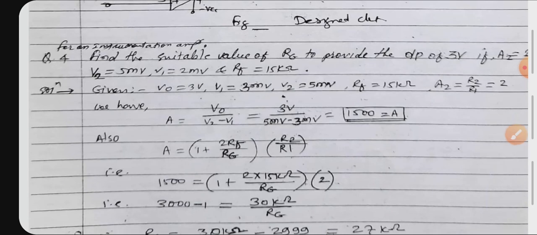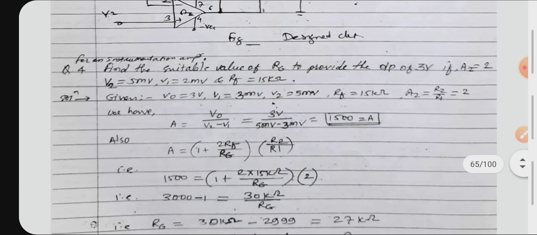Okay, next one. For an instrumentation amplifier, find the suitable value of Rg to provide the output of 3 volt if A2 is equal to 2 and V2 is equal to 5 millivolt, V1 is equal to 2 millivolt and RF equal to 15 kilo ohm. This is somewhat a different one. So what is given?